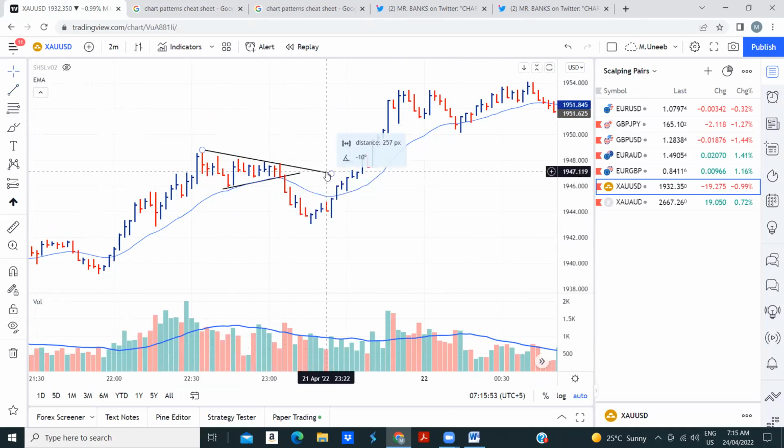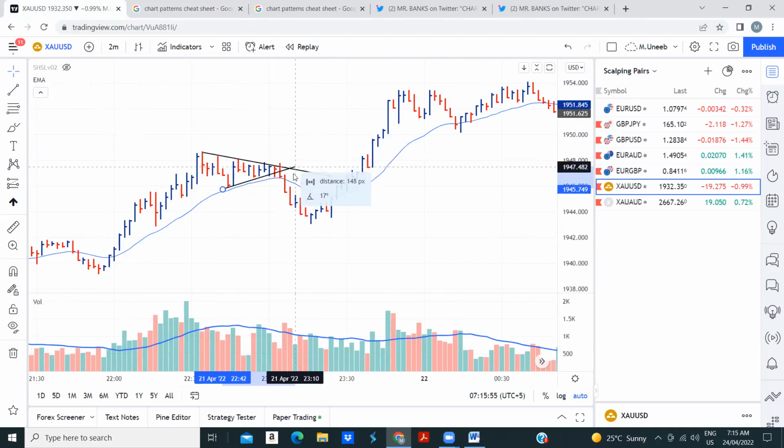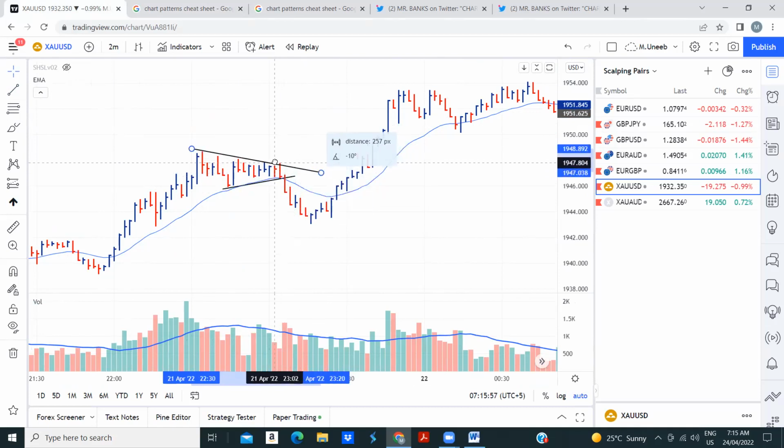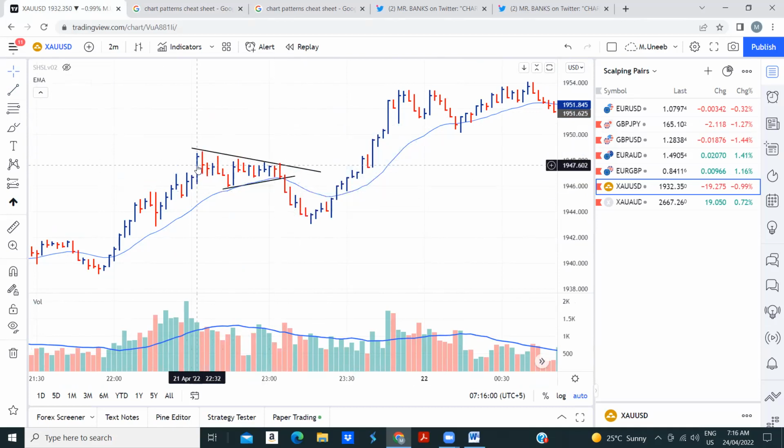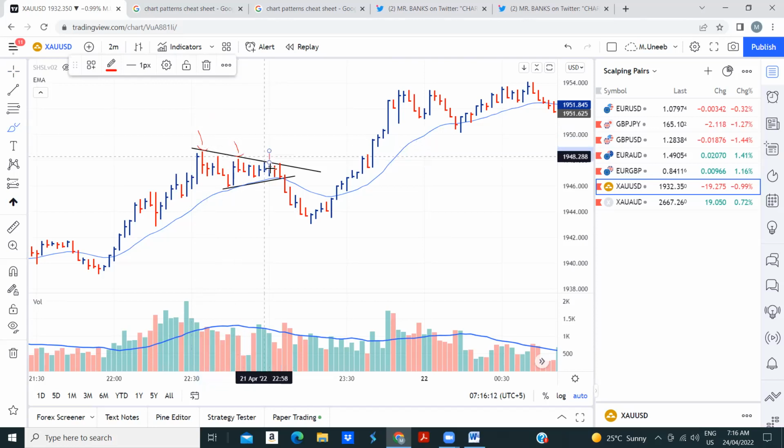Now, what do you see? This is a neutral pattern. We call it a neutral pattern because the price is building pressure from the upside. It's going higher. The price is also building from the lower side. So this is a neutral pattern.